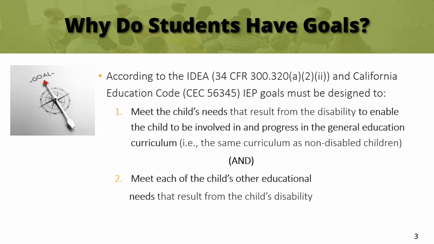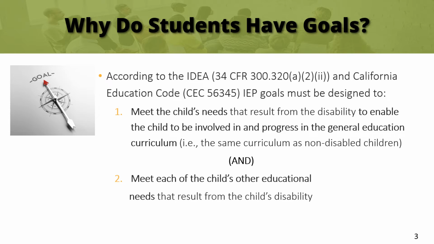Students who have qualified for special education have an individualized education program, otherwise known as an IEP. One component of the IEP are the individual student goals. The goals written for each student are specific to the areas of need identified through the assessments completed.